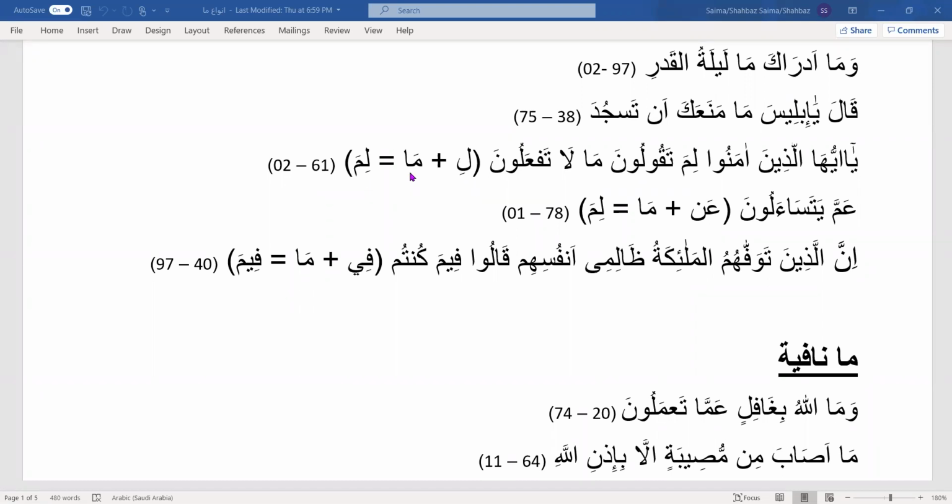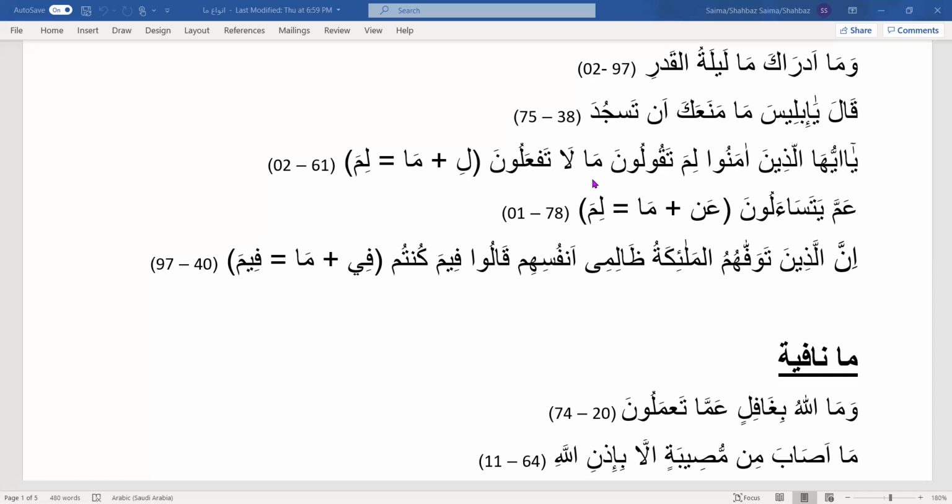So the alif that was with ma is gone. It's not there anymore. So this happens when a harf is attached to a ma istifhamiyah. It happens sometimes. So li for ma what? For what? Meaning why. Which is the same as why. So, oh, those who believe, why do you say what you don't do?